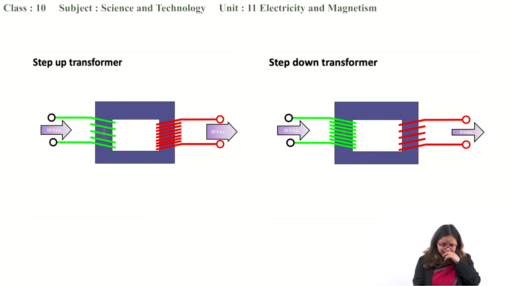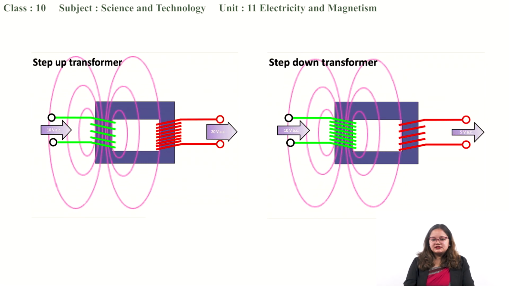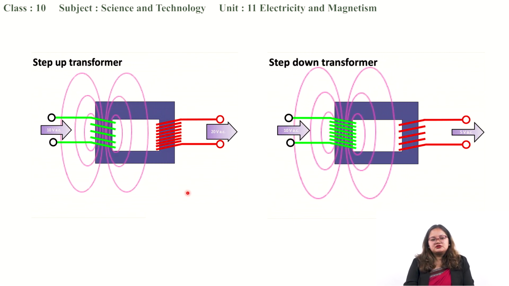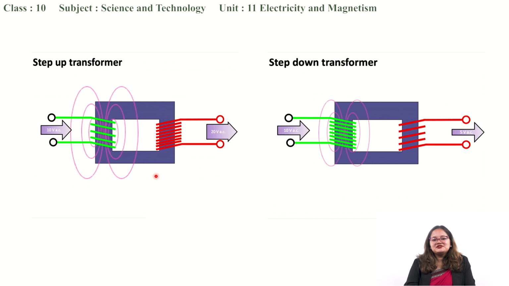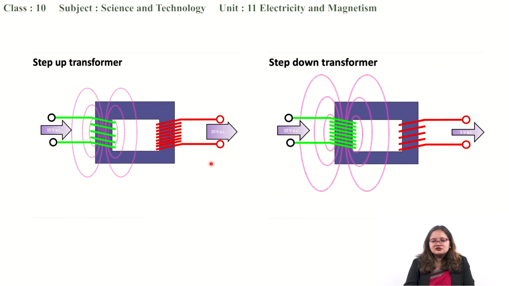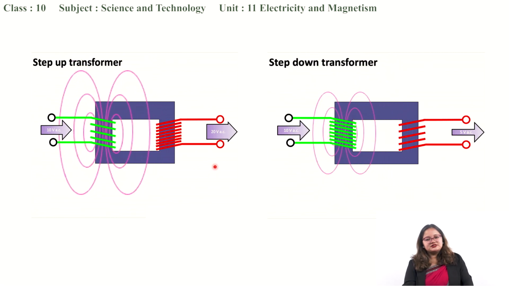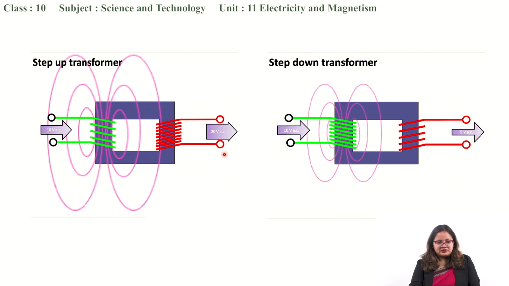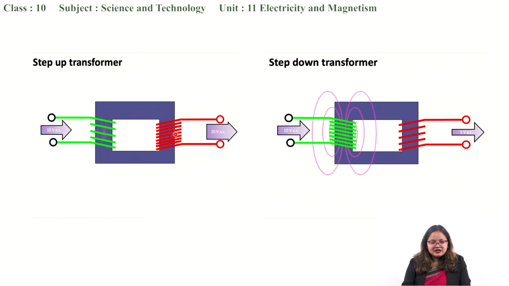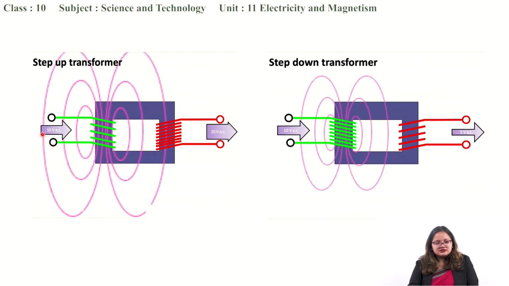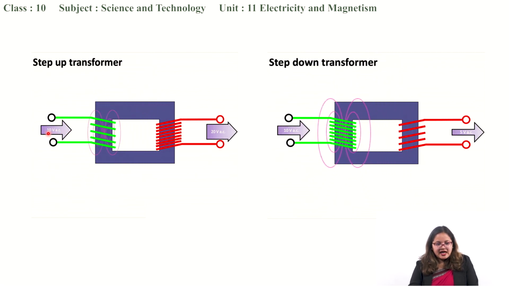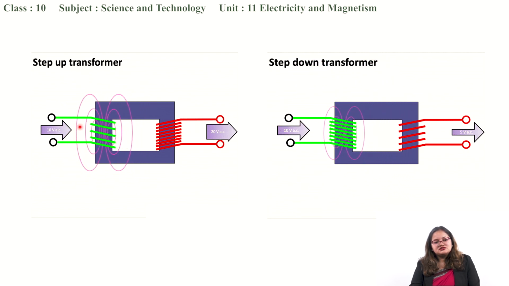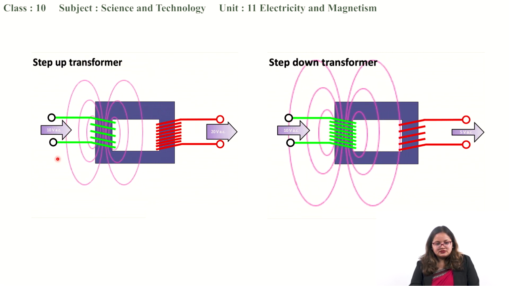Let's see here. You can see a representation of a step-up transformer and a step-down transformer. Everything seems similar, but if you look closely, you will see the major difference. In the step-up transformer, this is the input voltage. The arrow going inside the transformer denotes the primary coil.